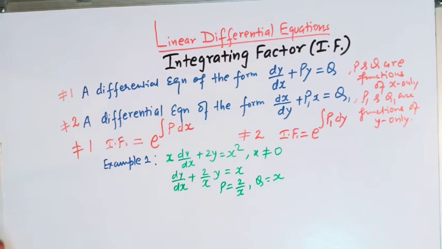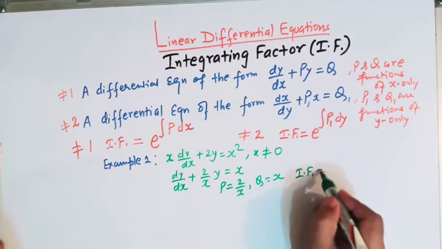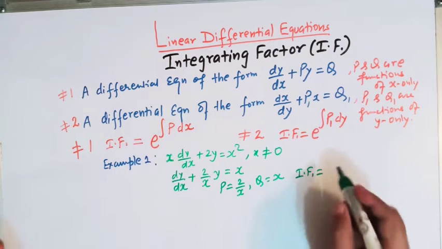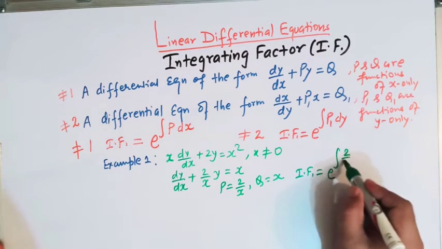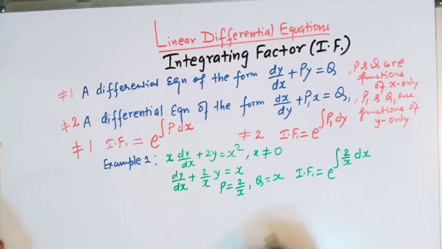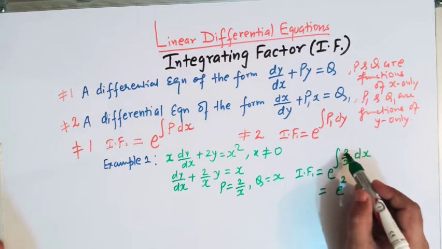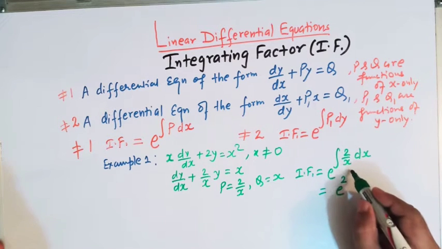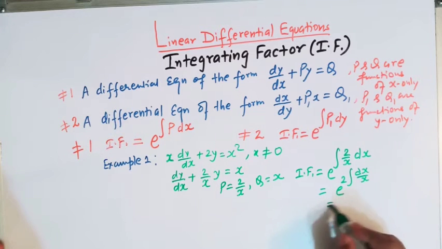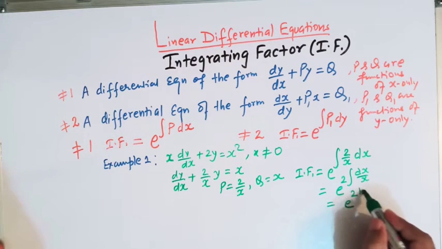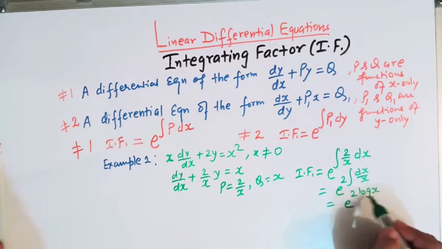and the integrating factor is given by e raised to the integral of P dx, and P is 2/x, so the integral of (2/x) dx. Taking 2 outside this integral, we have 2 times the integral of dx/x, which is 2 log x, because the integral of 1/x is log x.